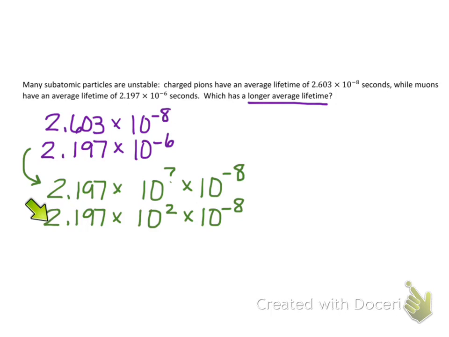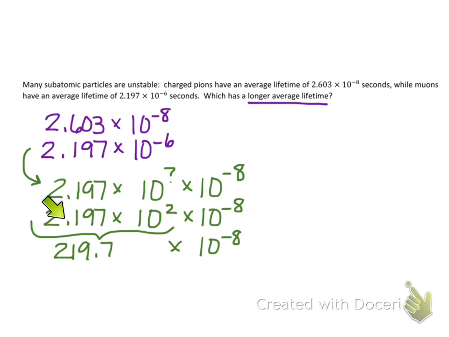Okay, so I haven't changed anything. So what I want to do now is put together the first part, the 10 squared. I'm going to multiply that times my 2.197. So in doing that, I've moved the decimal place 2 places to the right, and I get 219.7, and then I still have the 10 to the minus 8.